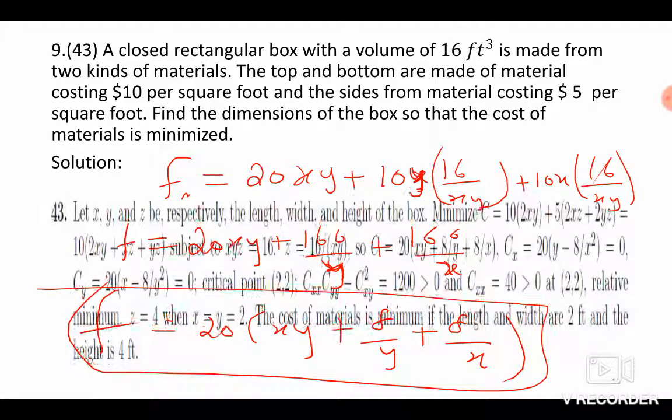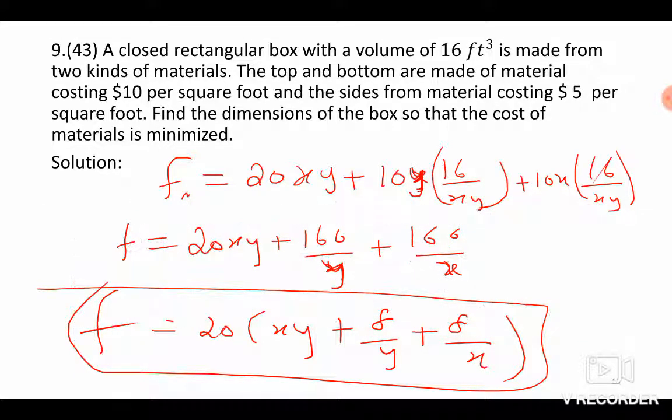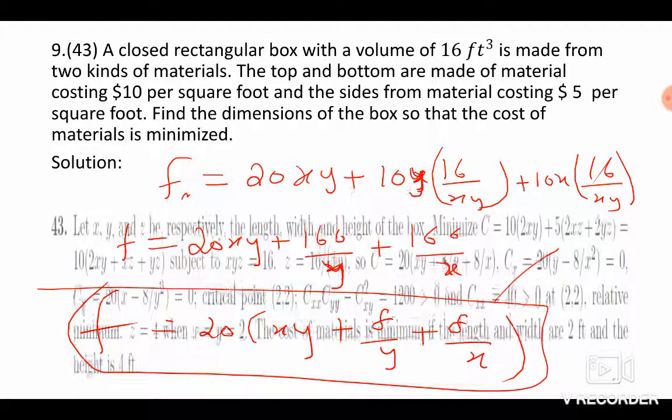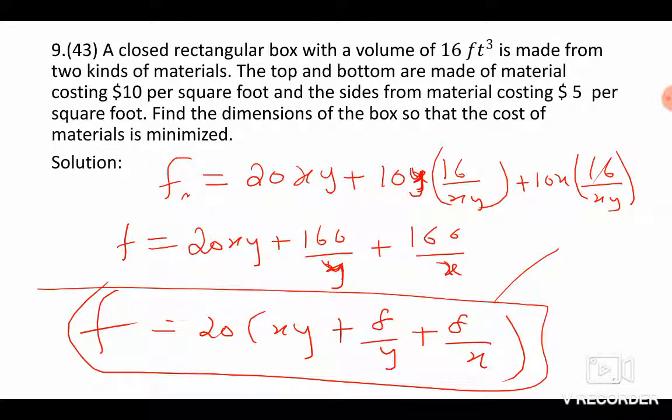So we can find the values of x, y and z by finding fx and fy and setting them to 0. Find the critical points, the pairs of x and y. Zero or negative values should be ignored because they are dimensions of the box.